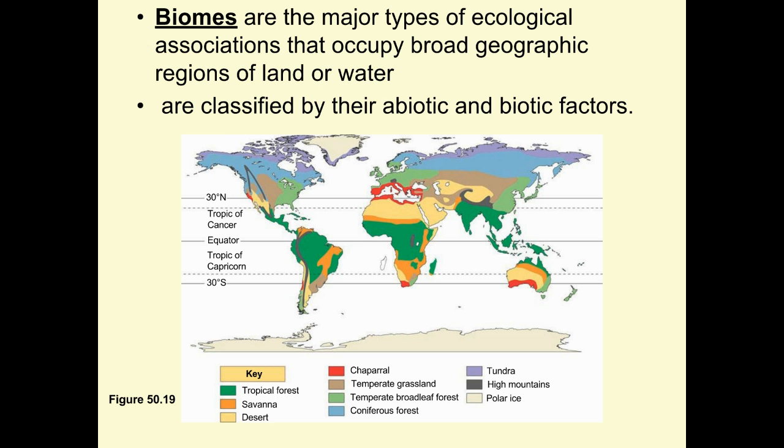Deciduous forest and coniferous forest and tundra. Those are the ones that you should be familiar with. You don't need to memorize temperatures and precipitation values.